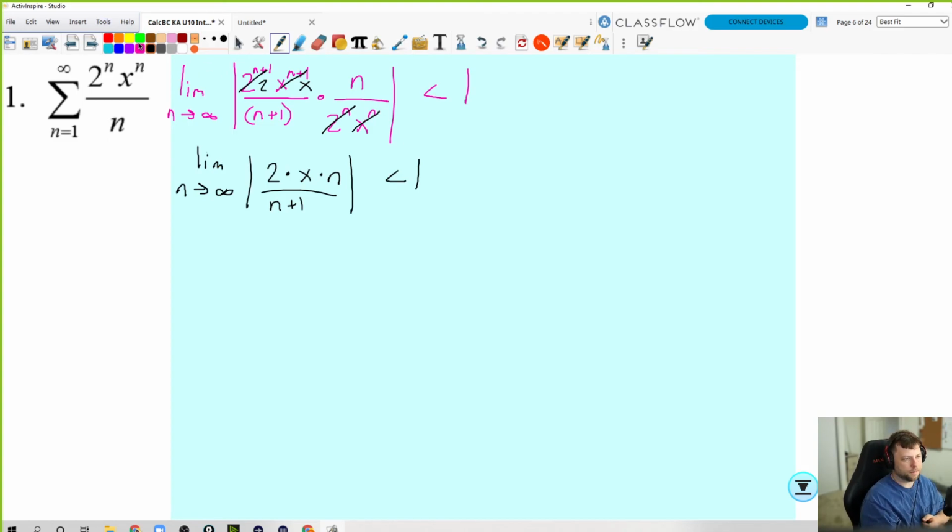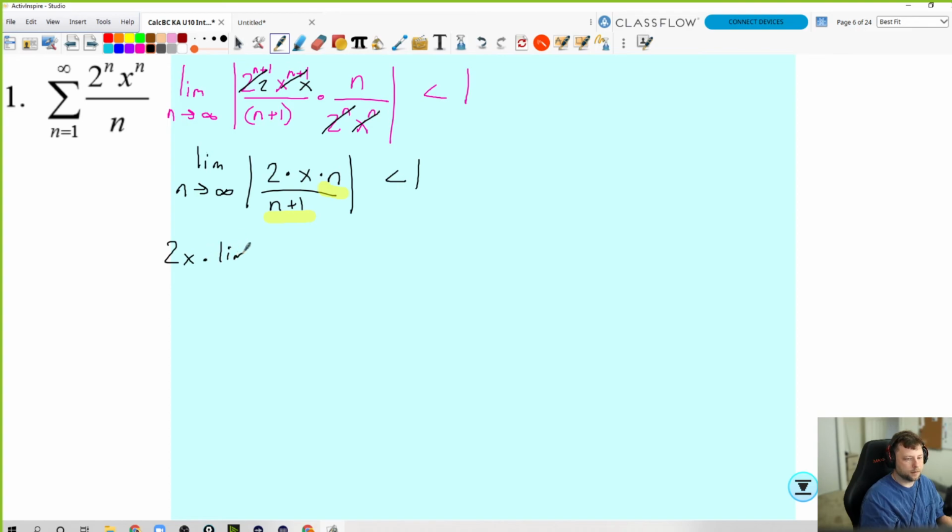When you do this part, you have to treat this x as just a coefficient. We're really going to be looking at the n's part right here and here. I'd almost think of it as just this part. It's almost like rewriting this as 2x on the outside, because this is just coefficients. We can do that.